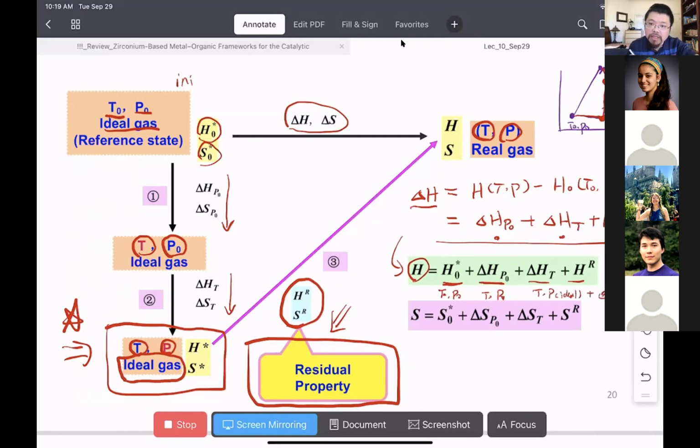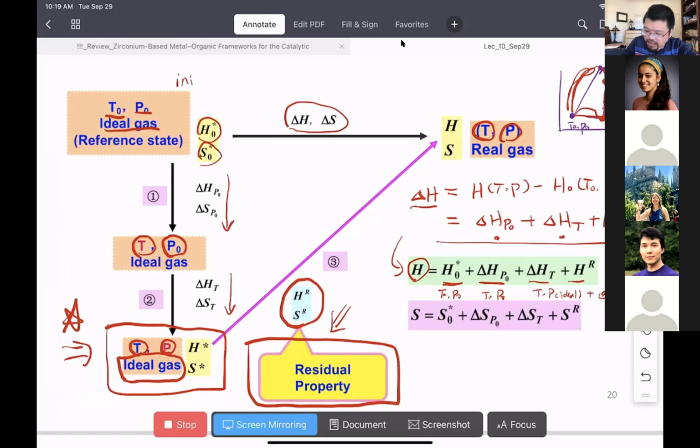So that's the entropy equation. Then you can see that if we follow the previous discussion, we are able to calculate this part. We are able to calculate this overall part. And we are also able to calculate that part.